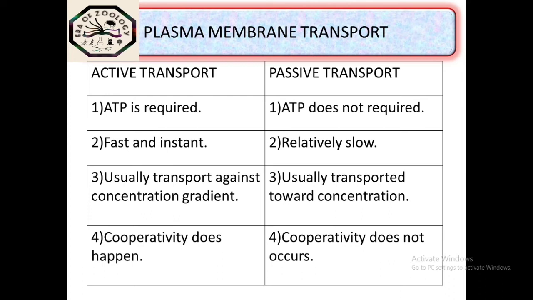Active transport usually transports against the concentration gradient, as I told you before, and passive transport usually transports toward the concentration gradient, to maintain the density gradient outside and inside of the cell. In active transport cooperativity does happen, and in passive transport no cooperativity is seen.